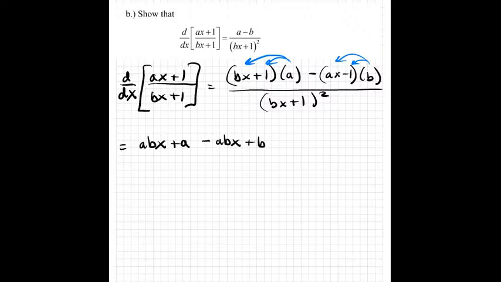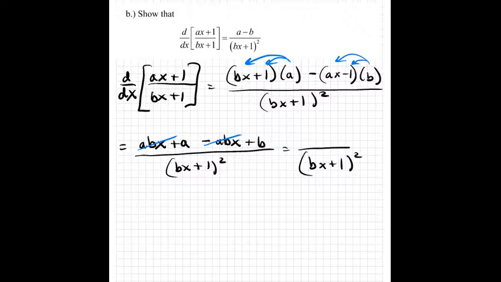The denominator persists. abx cancels abx, and I think we get our desired result. The denominator is bx plus 1 squared. The top is just a plus b, and I think that's exactly, oh, wait a minute. So it's supposed to be a minus. Did I mess something up somewhere?